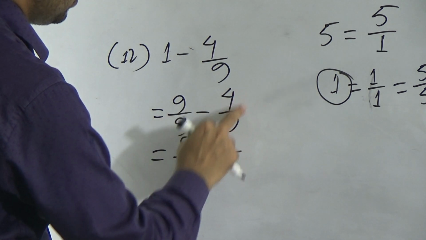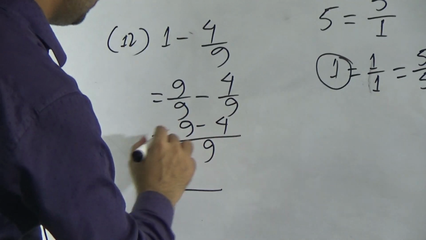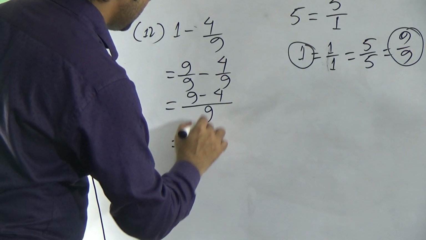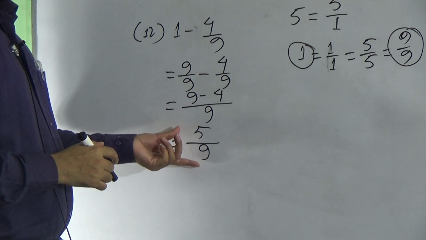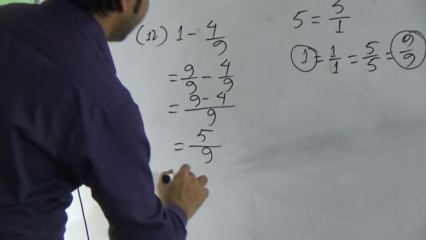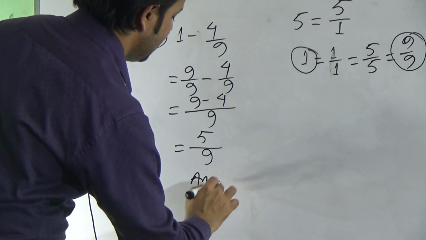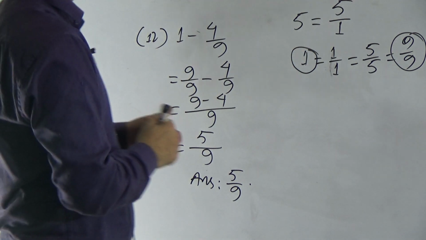Here is numerator 4, so write numerator 4. Now subtract 4 from 9, you will get 5. Now here is 9. Dear students, we can't simplify 5 by 9. So this is our required difference. So we can write here answer 5 by 9. This is our answer for second question.